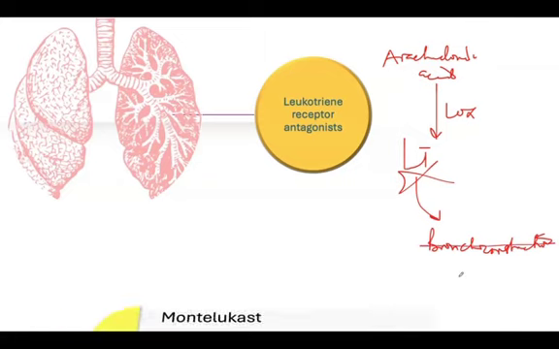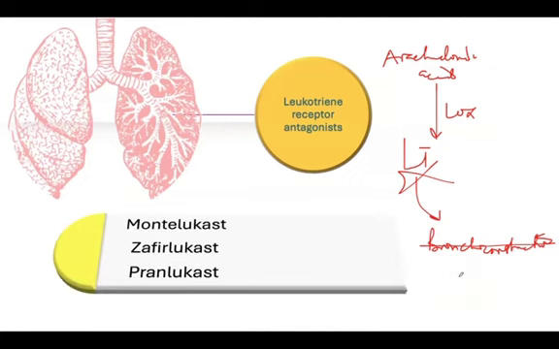And I said these drugs are called LUKASTs because of the fact that their suffixes end with LUKAST. So we have montelukast, zafirlukast, pranlukast. They are very good agents, well tolerated. Otherwise, there are some few adverse effects, such as insomnia. There are gastrointestinal disturbances that we need to be aware of.